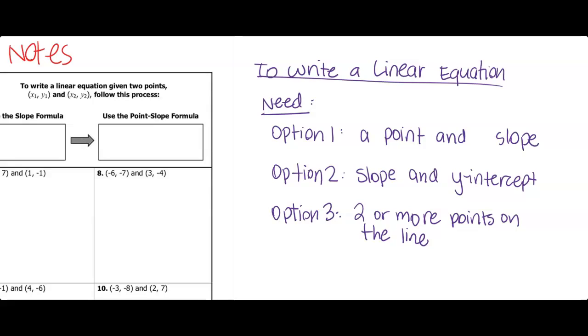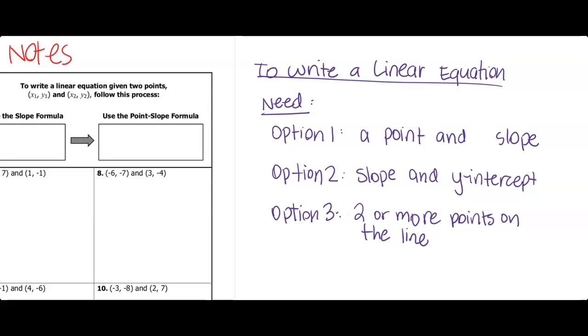We've actually written linear equations using all of these options from Unit 1, or at least options 2 and 3, because we were given sequences that were arithmetic, and we've learned that arithmetic sequences are linear. So we had a bunch of points on the line, and we just wrote our explicit functions using the starting point. And then yesterday we worked with a point and a slope.